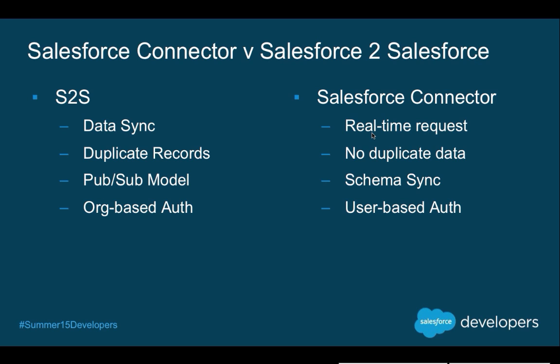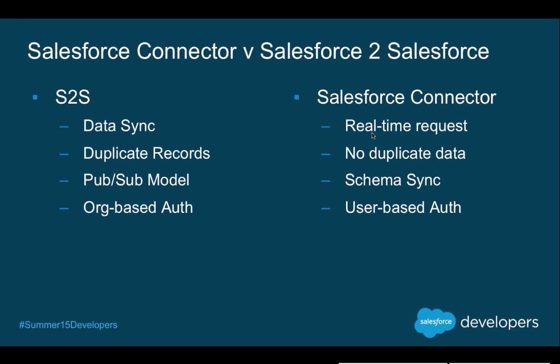So one org identifies data that they want to publish, and then other orgs that are connected with Salesforce to Salesforce can choose to subscribe to that data or not. With the Salesforce connector, the way this works is a schema sync. Essentially, we do an inspection of the source org, and then we recreate that schema in the client org.